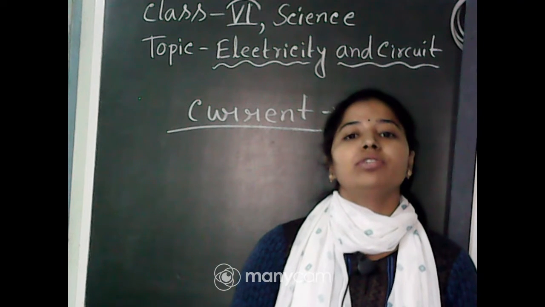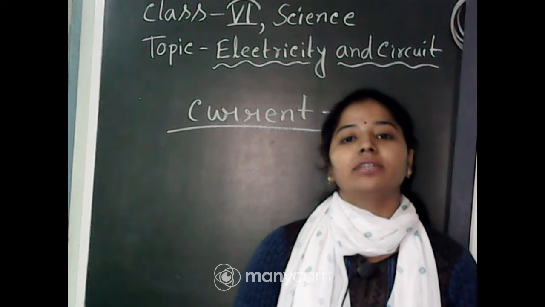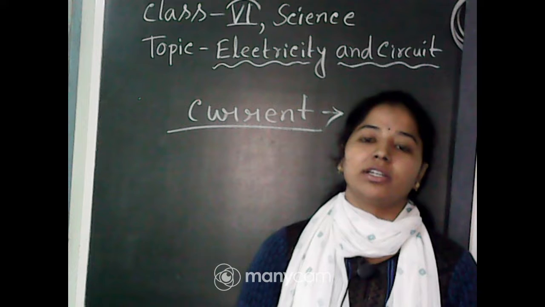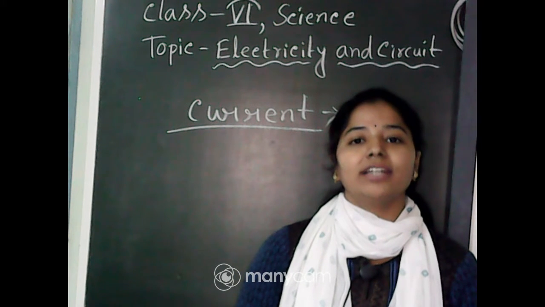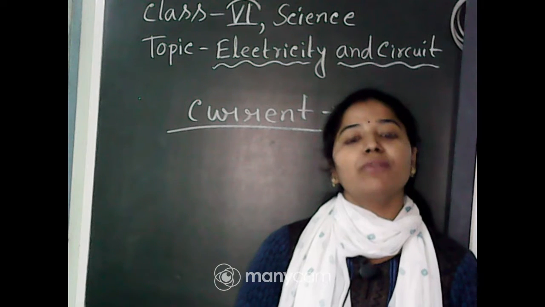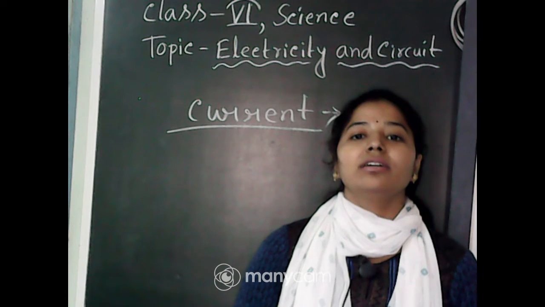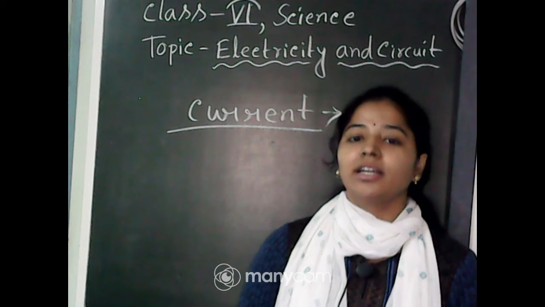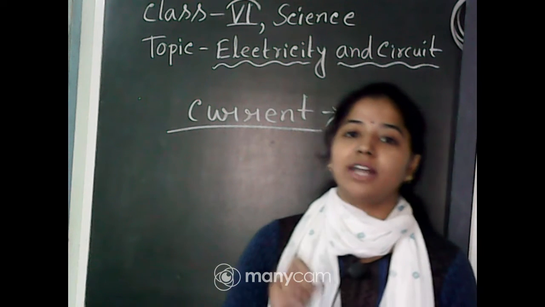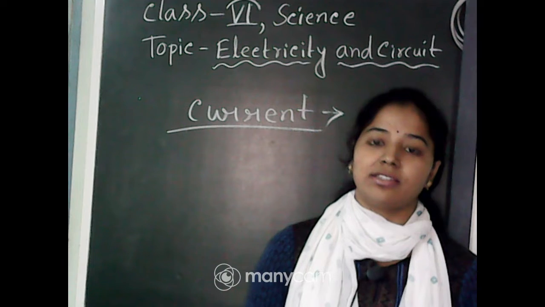Then if we say wind current, then wind blows in one direction. Then if we say electric current, then we can say flow of something through an electric circuit. Flow of something means in case of electric current there is flow of charge, flow of charges, okay.